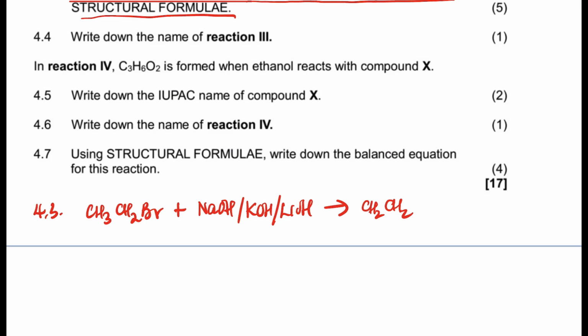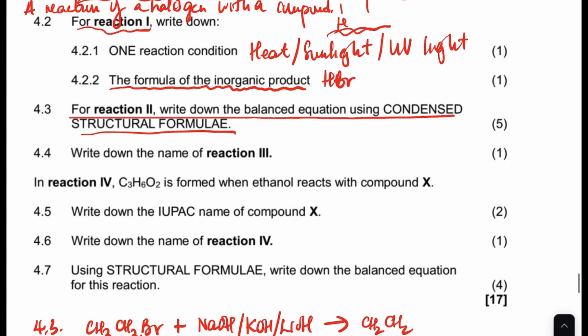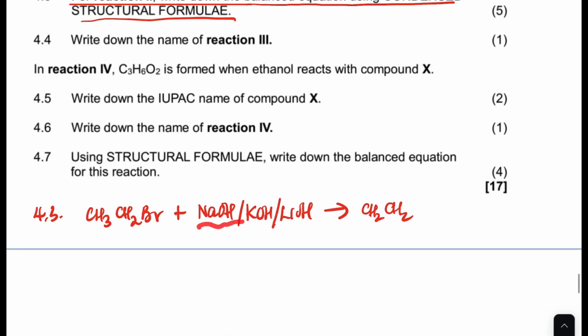So this Br plus this hydrogen will bond with the sodium. Okay, let me just show it. This Br that is removed will be Br minus, and the sodium will be sodium plus, and this OH will be OH minus.